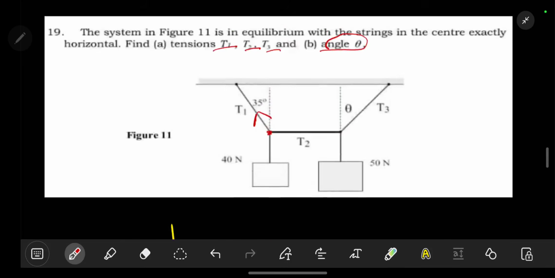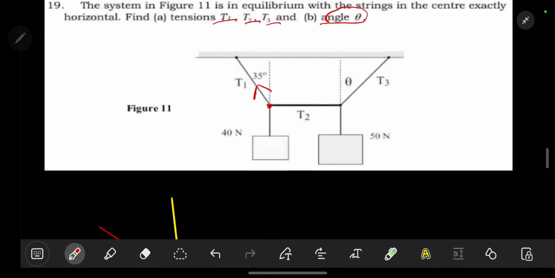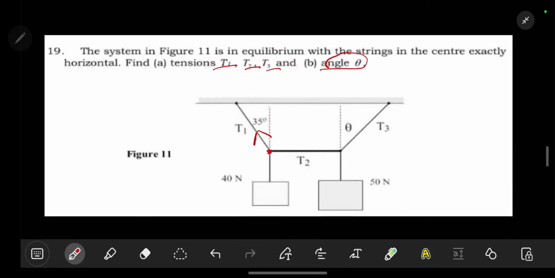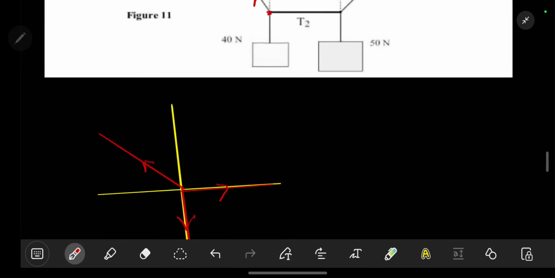So if we have the angle of 35 degrees here, I'm just uplifting everything, and as you know this is 90 degrees, then to find the angle here, we can just subtract, since the theta that is here plus the 35 degrees will add up to 90.